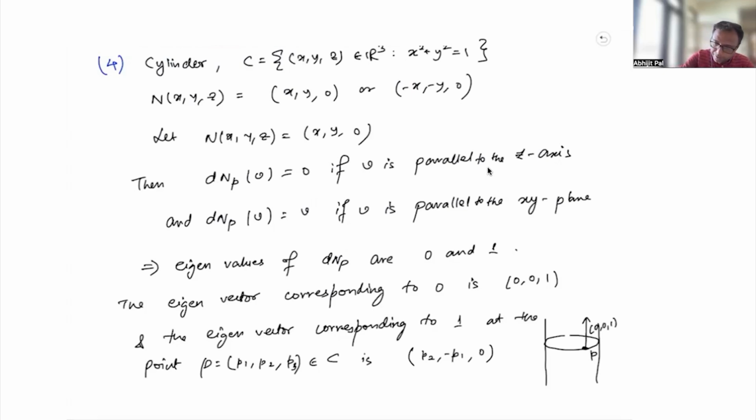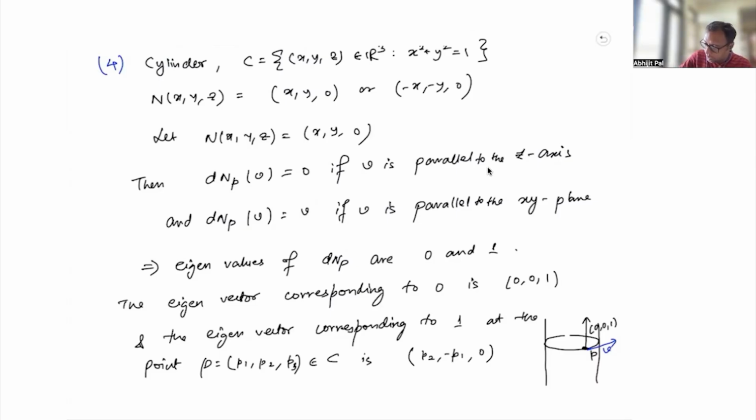And the eigenvector corresponding to the eigenvalue 1 will be this tangent vector B, which is parallel to the xy plane. Now you have to find this B, which is also a unit vector. It starts from the point P and it is parallel to the xy plane.